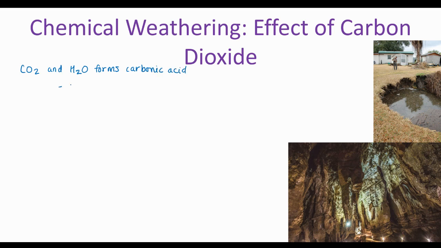So carbonic acid is a weak acid. It's going to fall then as precipitation, and it can dissolve certain rocks like limestone.